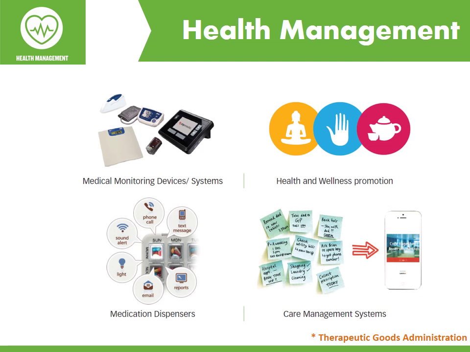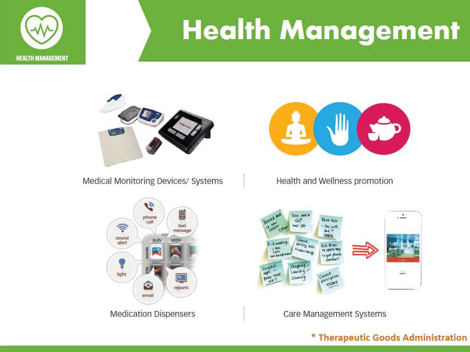The fourth category is health management devices. These are things like medical monitoring devices, which collect someone's vital signs, such as but not limited to blood pressure, blood glucose, and temperature. They can also record questionnaires. This information is either transmitted to a nurse for review and action, or becomes available on an online portal.